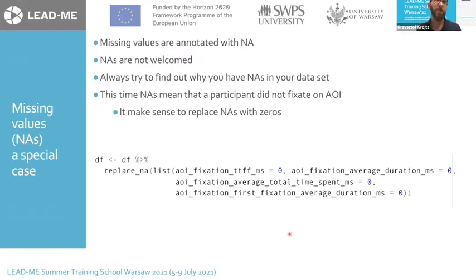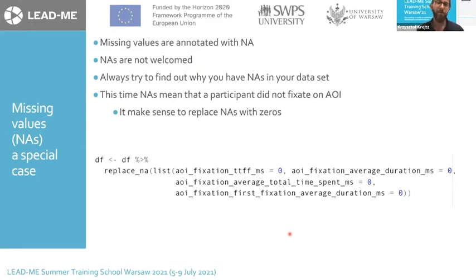Sometimes there is a reason, which means that you should change a bit your data, or you should change something in your procedure. And sometimes you come to the conclusion that you can just get rid of all the participants who have missing values.